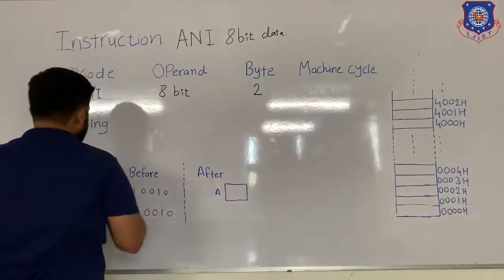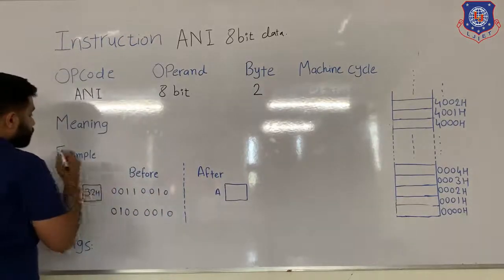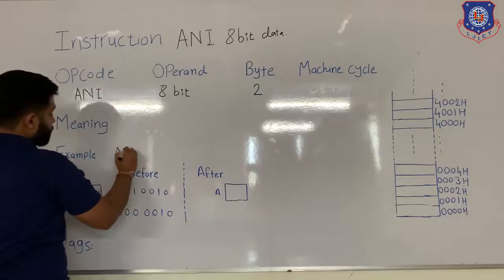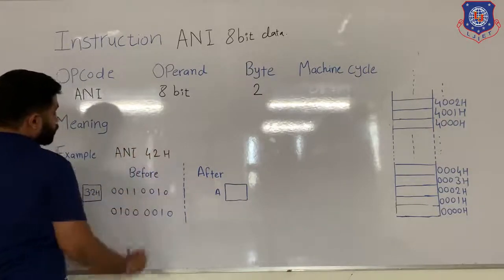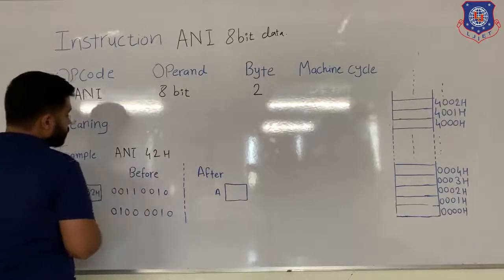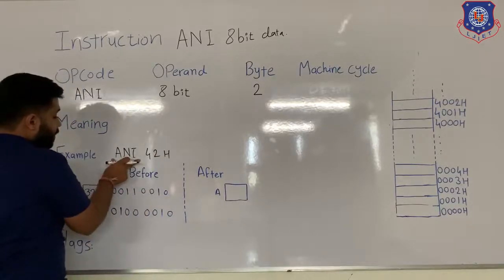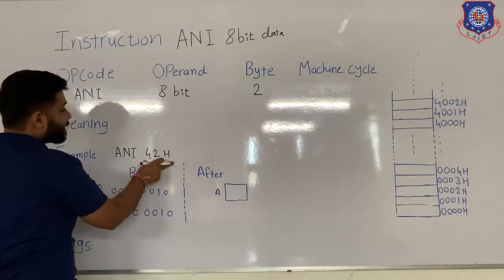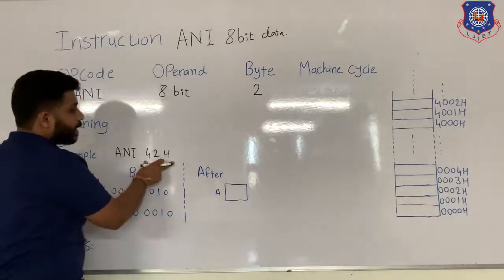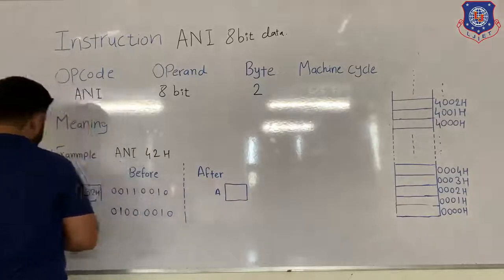Let's see one example so that you can get a clear idea. Suppose the instruction is ANI 42H. ANI 42H means logical AND immediate will be performed between 42H and the content of the accumulator, and the answer will be stored in the accumulator.